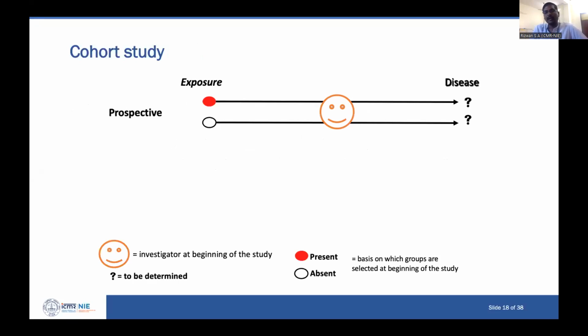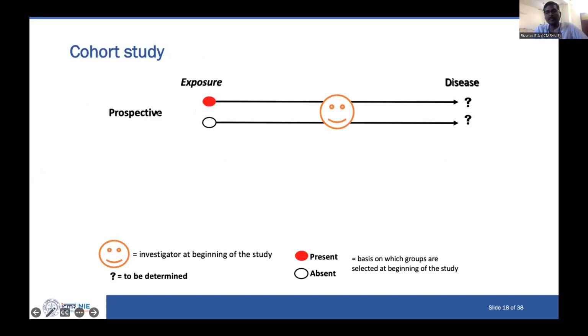One scenario where we can start is called prospective cohort studies. These people are exposed, these people are unexposed. This smiley face represents you, the researcher. After the exposure has happened, you are here and you are going to look into the future to see whether disease is occurring or not.